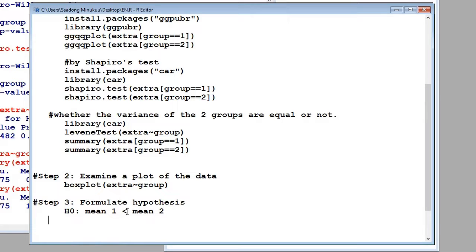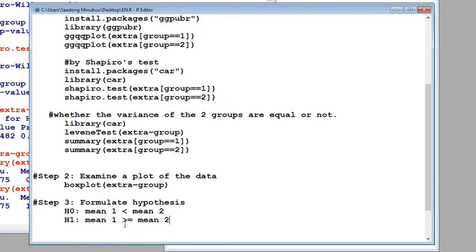And now the alternative hypothesis will be that the mean of population 1 will be greater than or equal to the mean of population 2. Since it's greater than or equal to, this suggests that it will be a two-sided test, right?